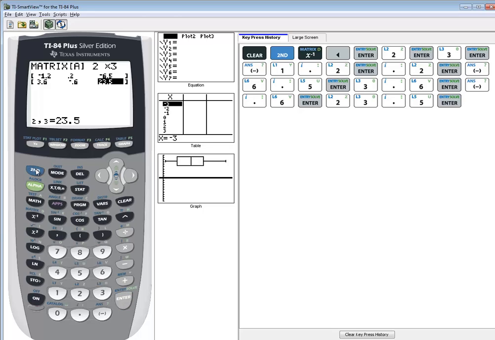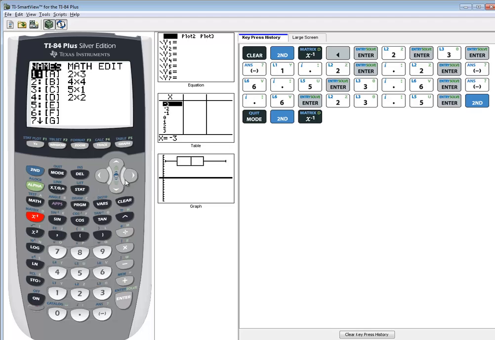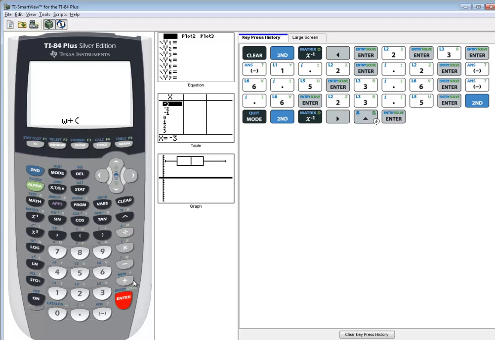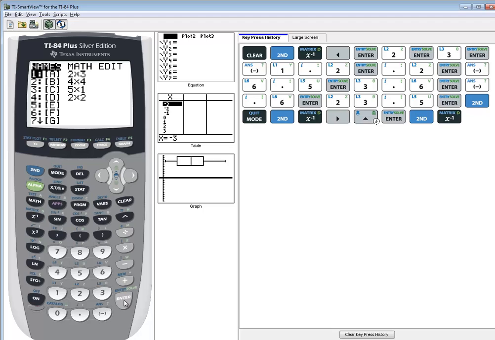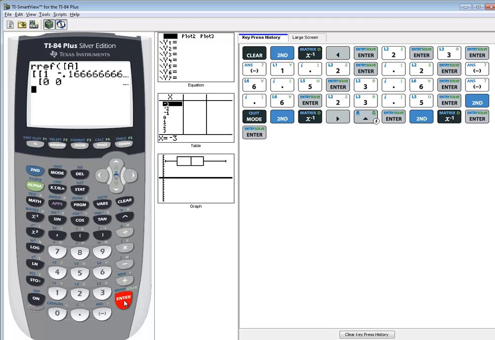Then I exit out, so I do second mode, go back in my matrix menu, do second x negative 1, right arrow to math, up arrow to RREF, press enter on it. Go back in my matrix menu, second x negative 1, enter on A, enter again.